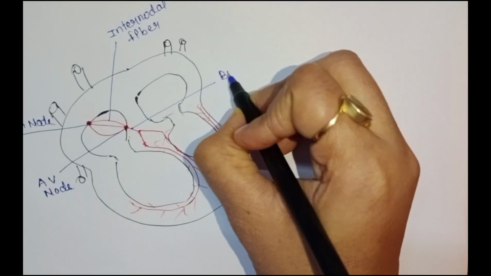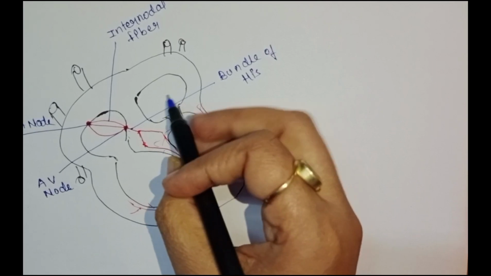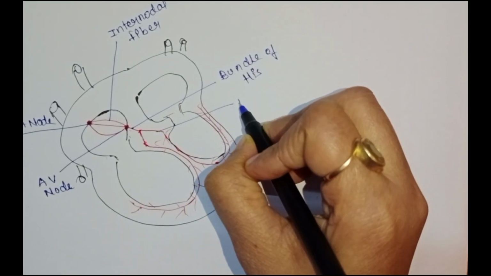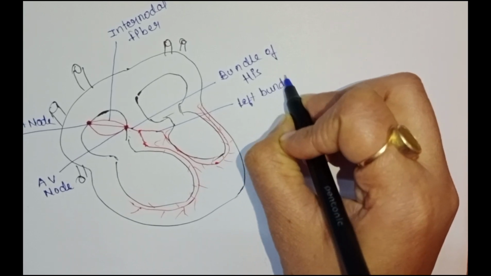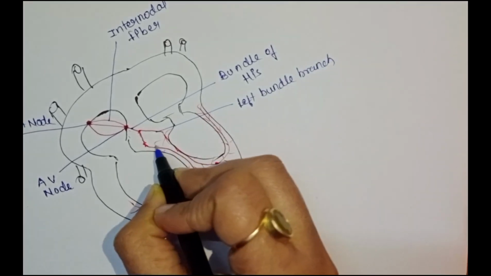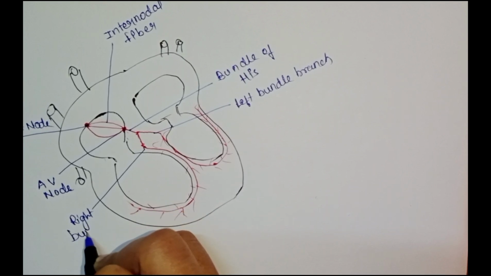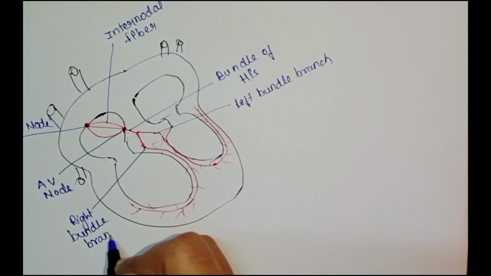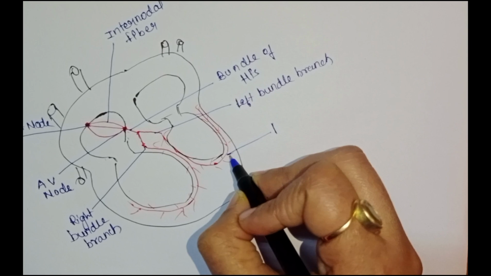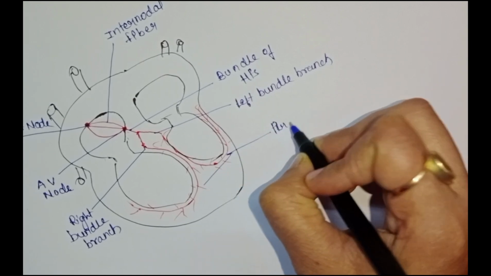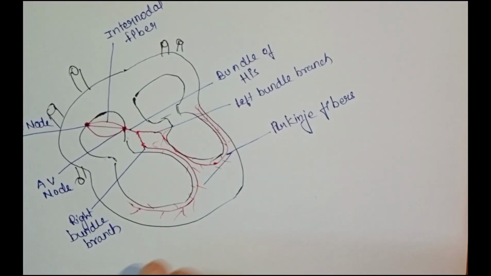This is bundle of His, then it is left bundle branch, and this one is right bundle branch, and these hair-like structures are Purkinje fibers.